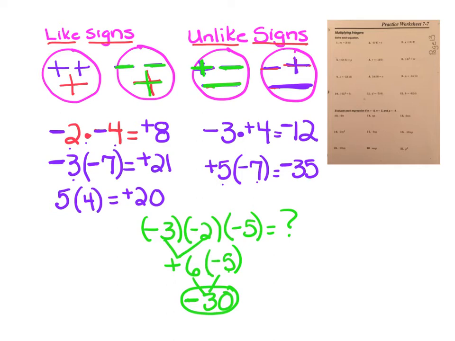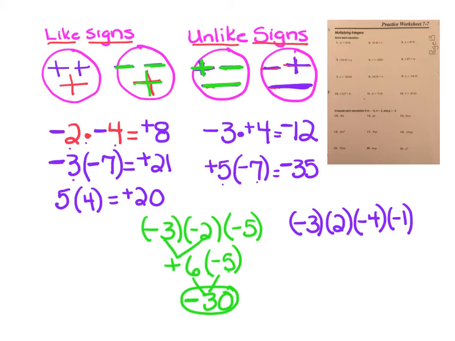Let's try another one. Let's multiply 4 factors. -3 times +2 times -4 times -1.